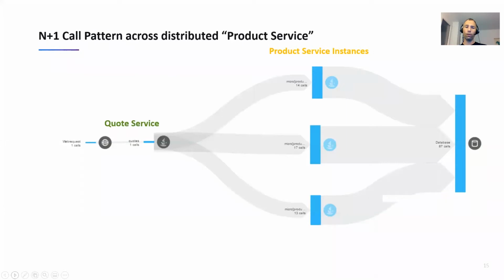And this actually happened with one of the organizations I worked with. So quote service in the front, and then the product services in the middle, different service instances. So it was a scalable architecture.